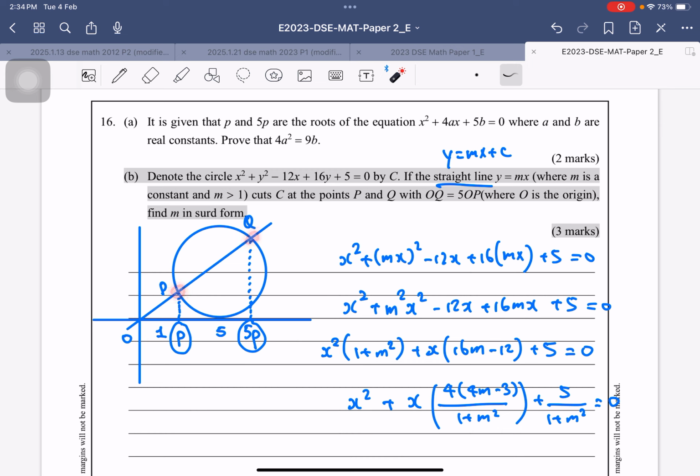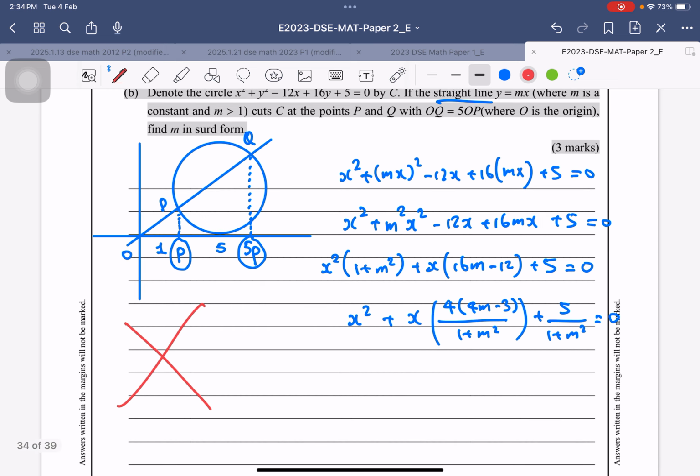When you're finding the intersection, you need to combine those two straight line equations. Do you still remember? If you want to find the intersection between these two straight lines, you are solving these two equations, so you substitute the y in one of the equations.